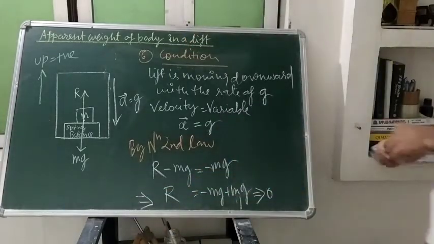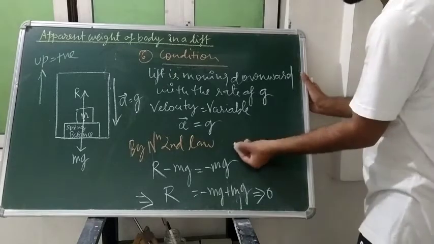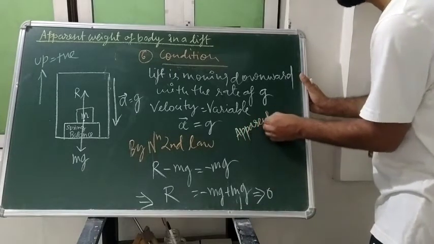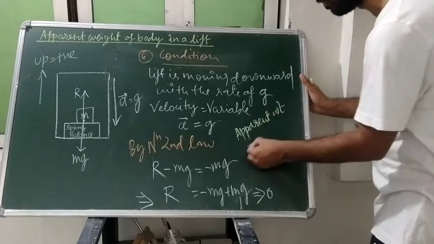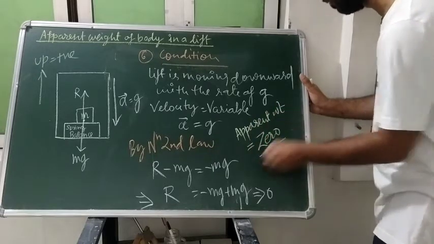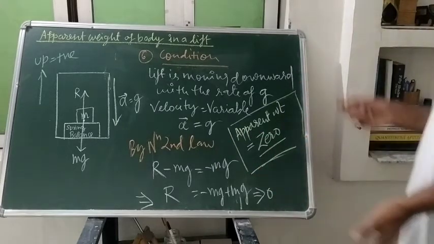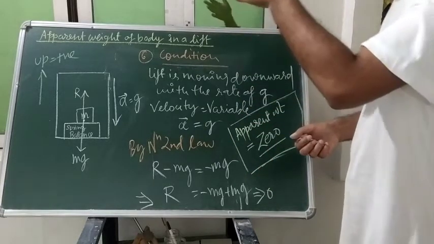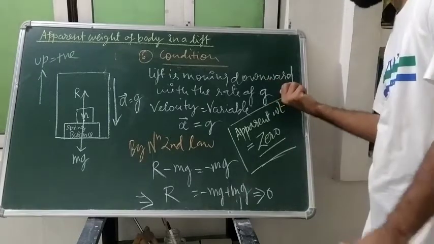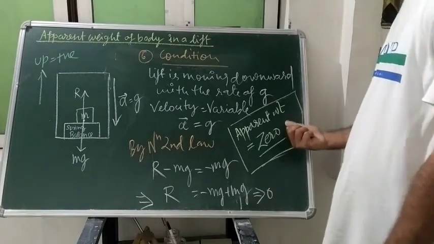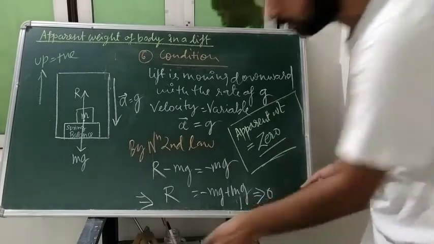In this situation you will look that our apparent weight will become equal to 0. So if the lift is accelerating downward with the rate of g, we will feel weightlessness; the apparent weight will become equal to 0.